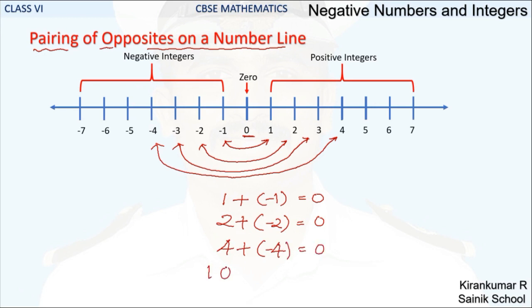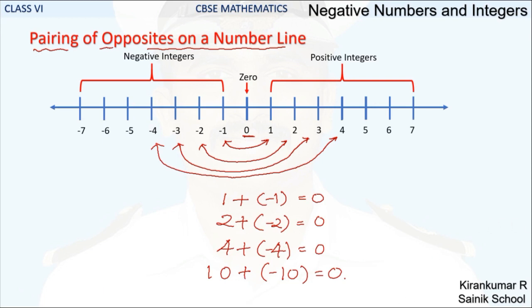In the same way, 10 added to -10 leads to 0. These numbers are the opposites of the given number. -1 is the opposite of 1, -2 is the opposite of 2, -4 is the opposite of 4, -10 is the opposite of 10.